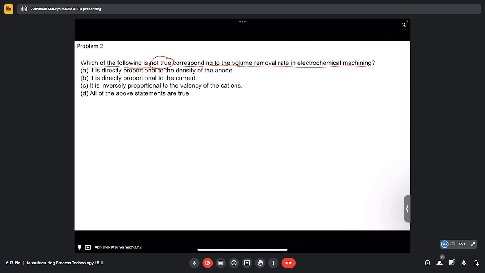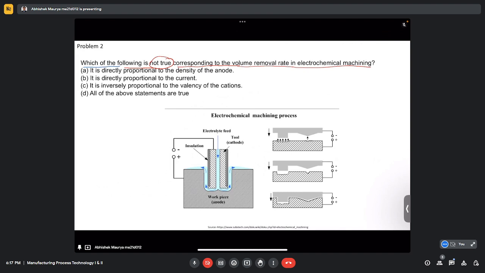So again, if you see, this is the schematic of the electrochemical machining. Here we can see the workpiece is connected to the positive terminal, and the tool is connected to the negative potential, and in between there is a flow of electrolyte.